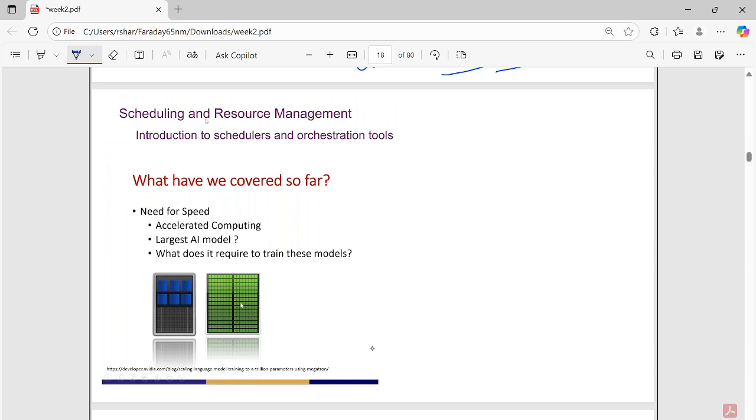So this is a CPU kind of architecture, and this is a GPU architecture. This is a CPU representation, and this one a GPU representation.